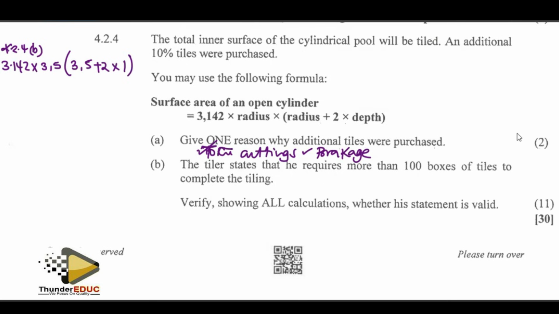So there we go. We have 3,142 times 3,5, which is 10,997 times 5,5.